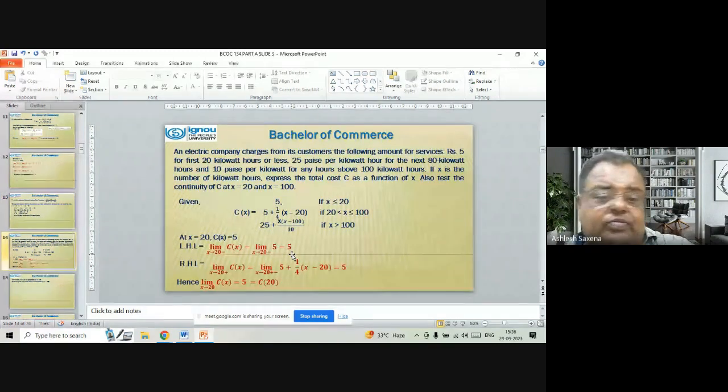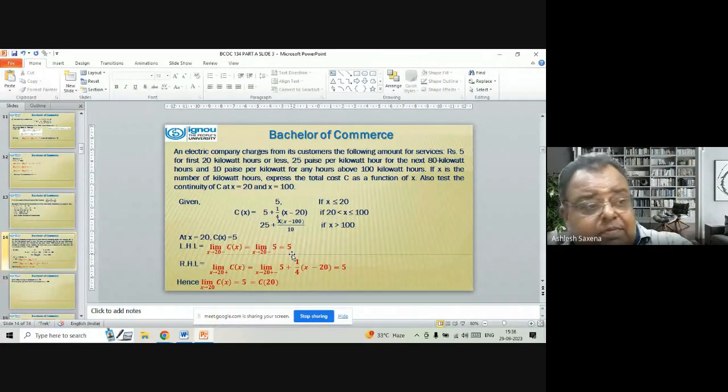Now, we will be discussing a problem which has to be converted into a limit problem, and then its answer has to be solved. That means we can say it is the application of limits in word problems. We have a problem that an electric company charges its customers the following amounts for service.